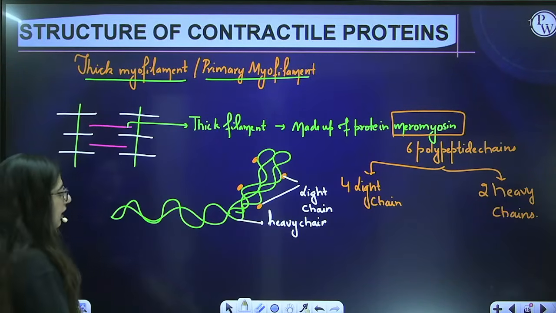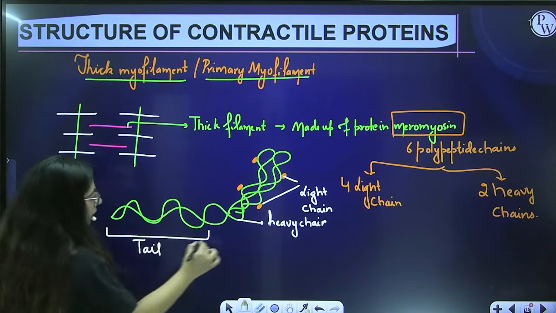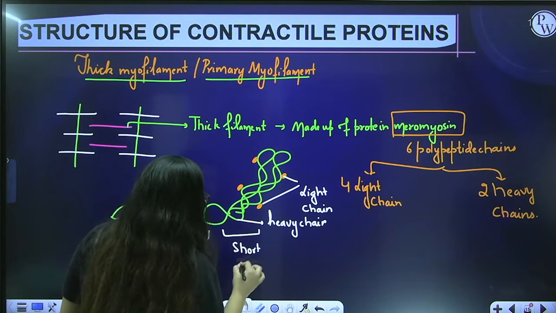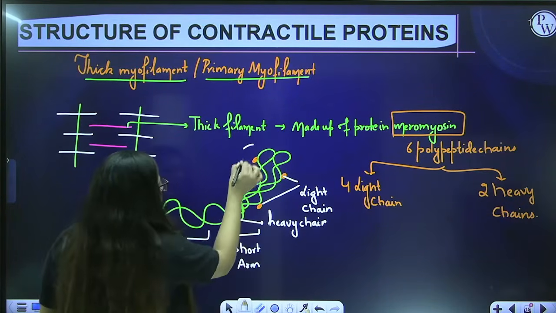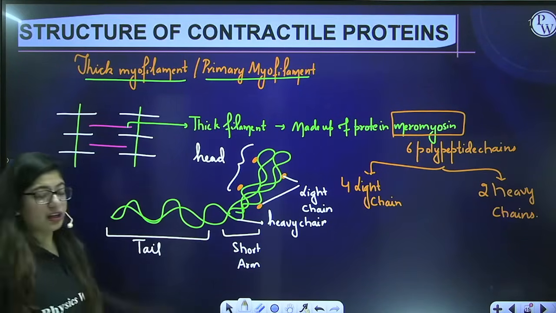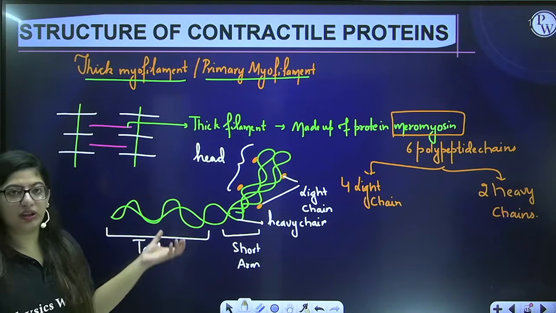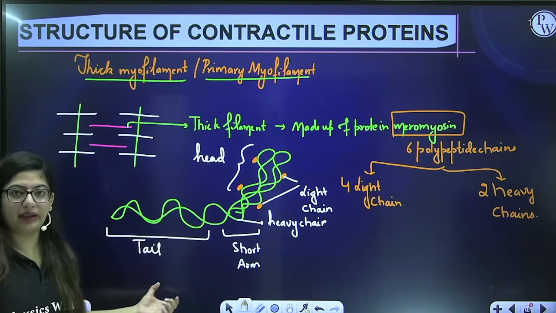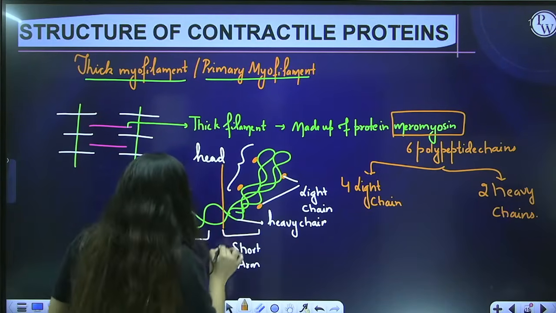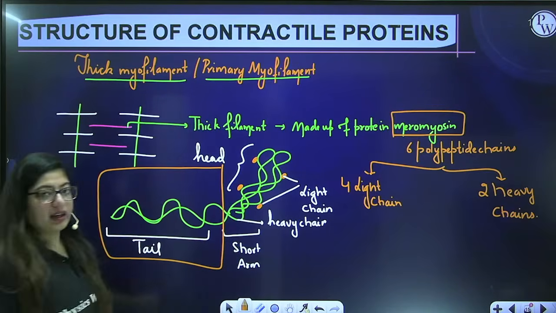As you can see, this portion is the tail, this portion is the short arm, whereas this portion is the head. So the entire body of meromyosin is divided into 3 portions: head, short arm, and tail. Up to this portion is the tail, and here the short arm and head are present.